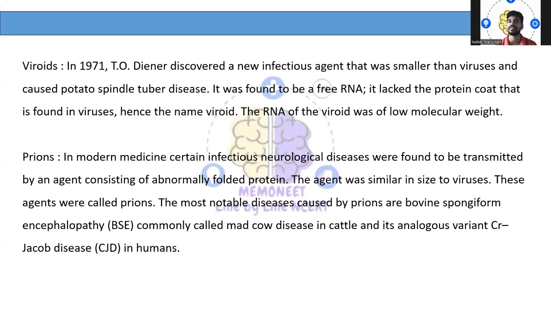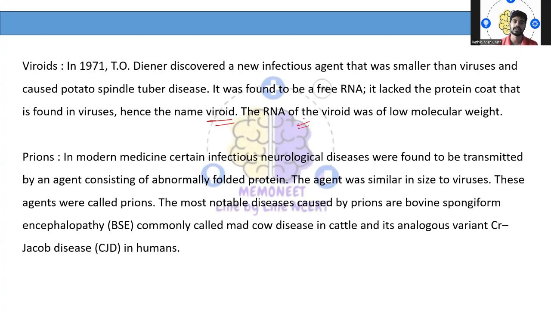It was found to be a free RNA, that means it lacks the protein coat, the outer covering found in viruses. Hence, it was named the viroid. Another thing is that the RNA of the viroid was of low molecular weight. So the viroid is even way smaller than viruses.